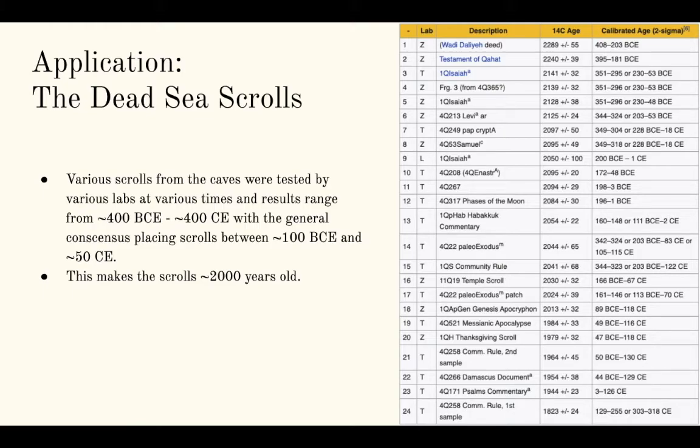So between the various scrolls from the caves that were tested, they found that the range of the age of these scrolls is 400 BCE to 400 CE, with the majority of them falling between 100 BCE and 50 CE. So this makes the scrolls about 2,000 years old.